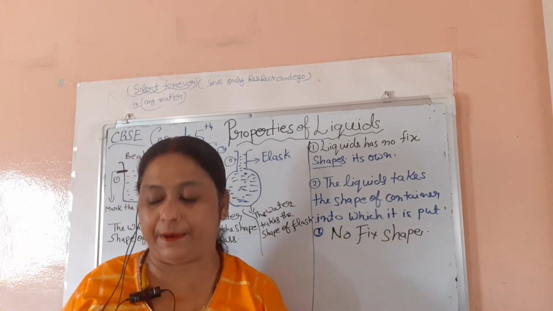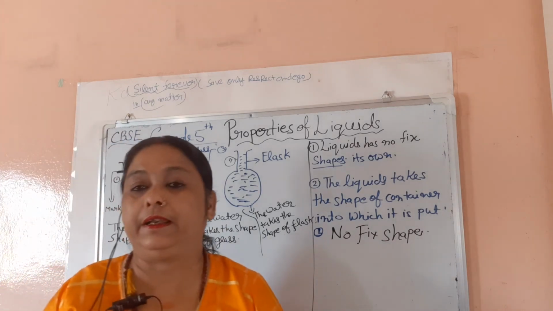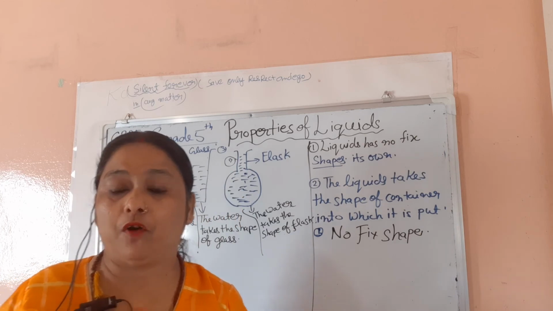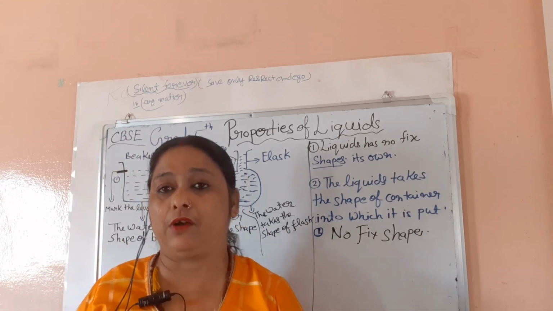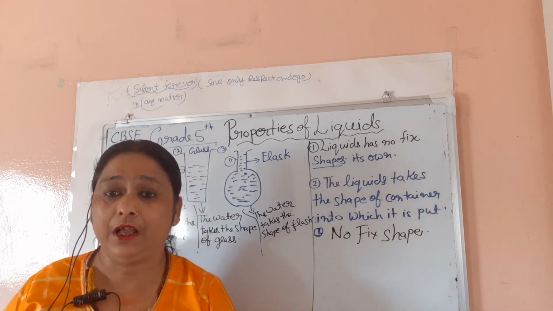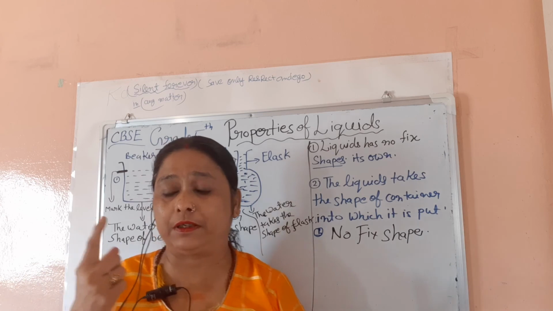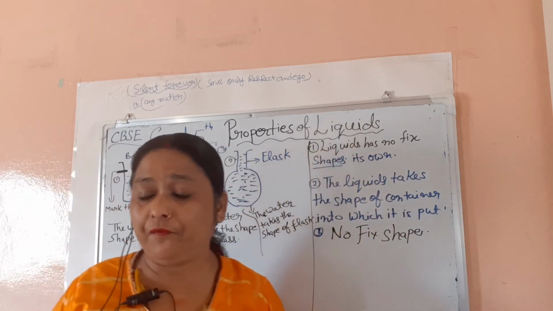So water is a very wonderful liquid found in our surroundings and in nature. Without water, we all cannot survive. So firstly, we learned about the properties of liquid: liquid has no fixed shape.